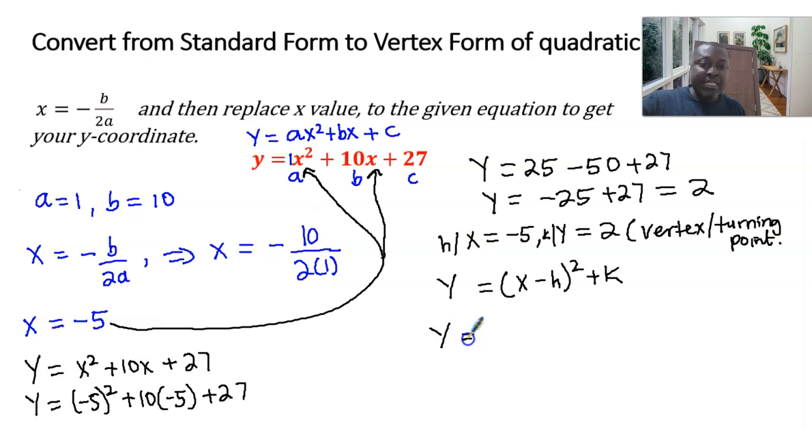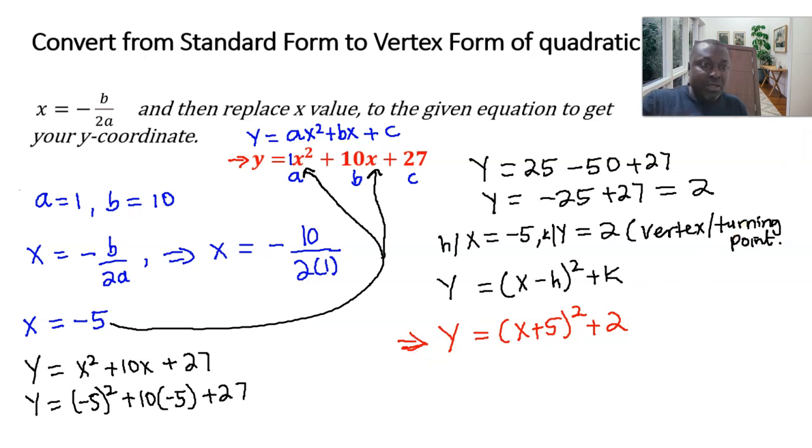So now when we plug everything in, we get y equals (x plus 5) all squared plus 2, because the h component is negative, so negative becomes positive. And here it was positive, so positive times positive is positive, we get 2. So we have been able to change this standard to become the vertex form.